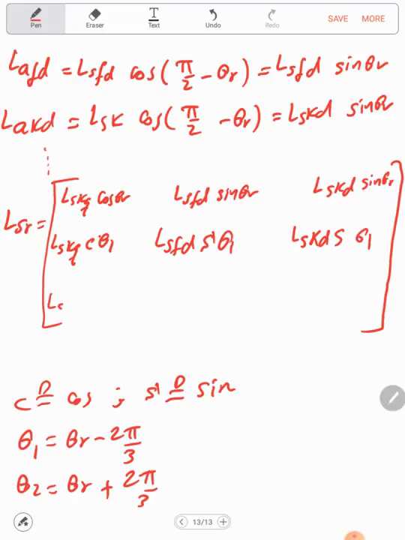Then LSKQ cosine theta 2, where theta 2 is theta r plus 2 pi over 3, LSFD sine theta 2, and finally LSKD sine theta 2.